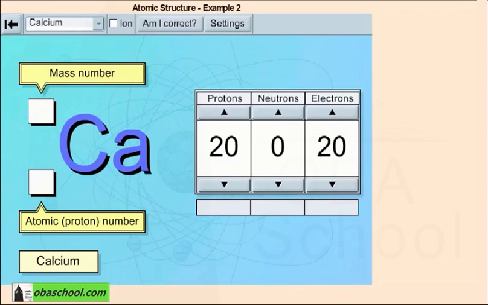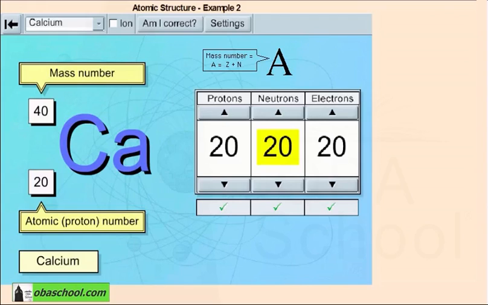So the atomic number Z, or the proton number, is equal to 20, since we have 20 protons. We're given also that it has 20 neutrons. So now we have to find the mass number A. Mass number A is equal to the number of protons and the neutrons inside the nucleus. So 20 plus 20 equals 40.